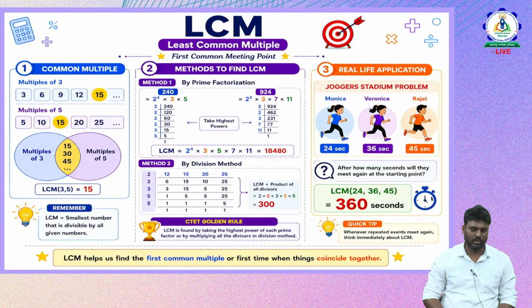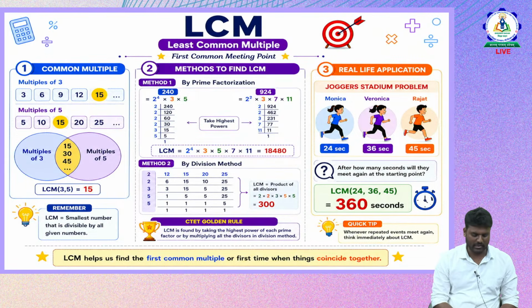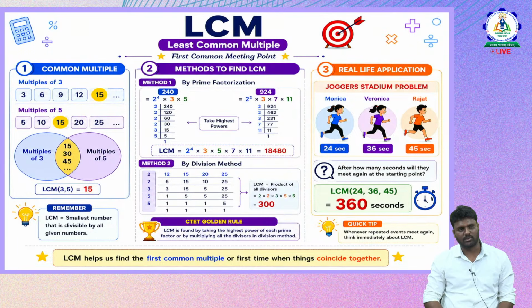Now suppose we take the multiples of 3. Remember the concept of multiples: 3, 6, 9, 12, 15 and so on, the numbers keep going. These are the multiples of 3. Similarly, for multiples of 5: 5 1s are 5, 5 2s are 10, 5 3s are 15, 5 4s are 20, 5 5s are 25, 5 9s are 45, and so on.